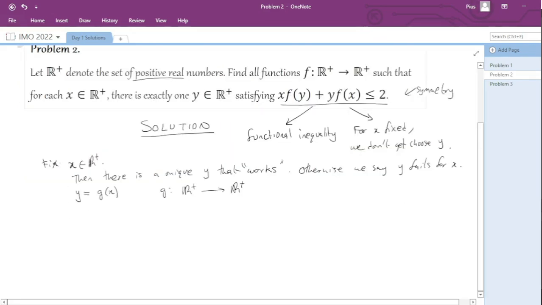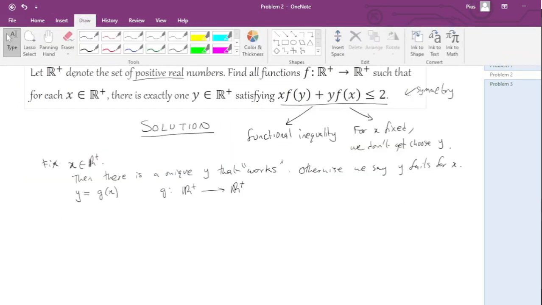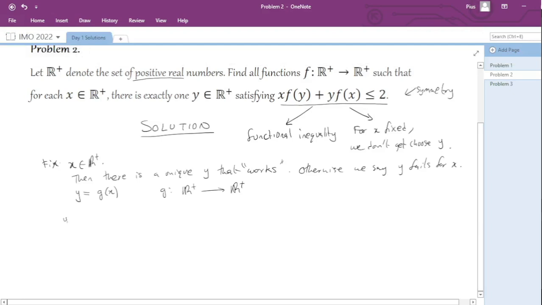Okay, so let's get some particular characteristics of this g. We see that y works for x if and only if x works for y. This is based on the symmetry of the inequality, given we can swap x and y and we have exactly the same inequality.